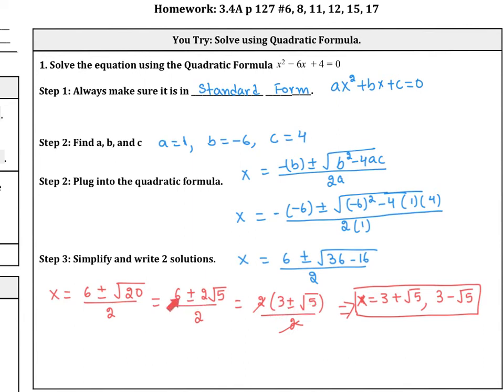Or you can take out the GCF of 6 and 2, which is 2, from the top and cancel it with the bottom, and you're left with 3 and 1. And the two answers are x equals 3 plus square root 5, comma, 3 minus square root 5.